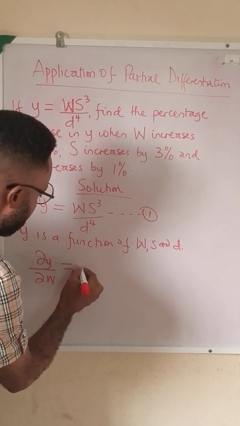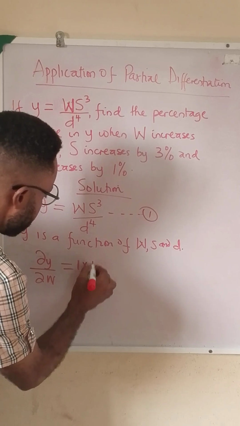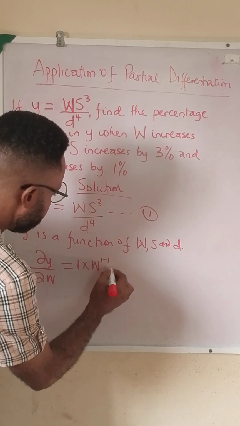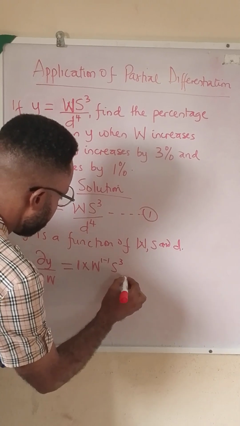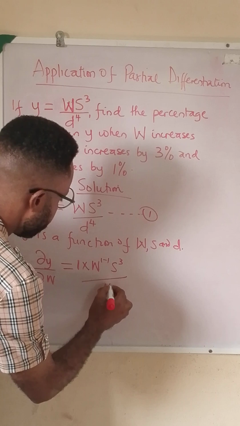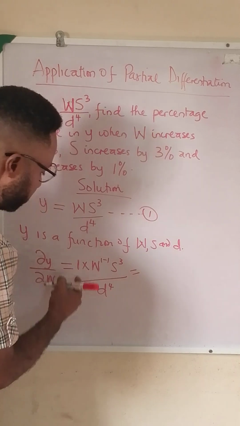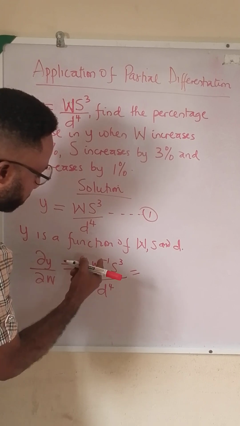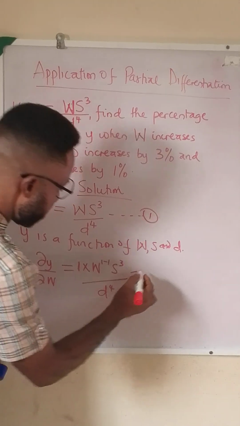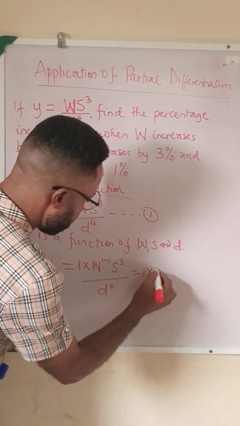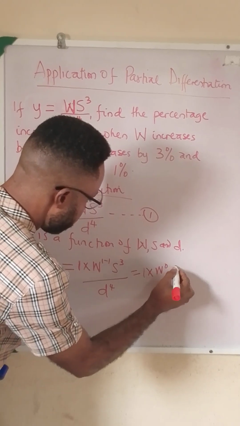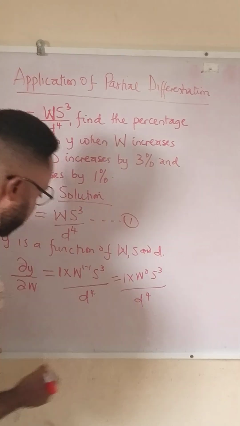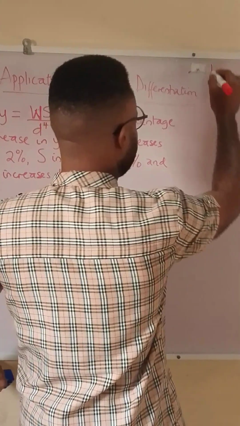So this will be 1 times w raised to power 1 minus 1 times s cubed over d raised to power 4. Of course, w raised to power 1 minus 1 is w raised to power 0. So this will be 1 times w raised to power 0 times s cubed all over d raised to power 4.